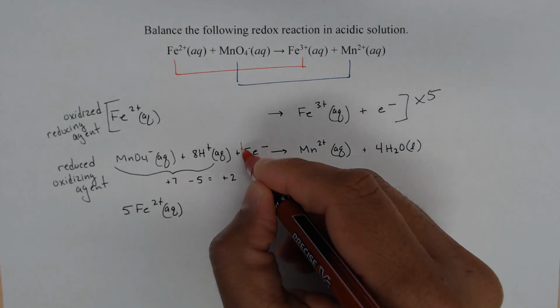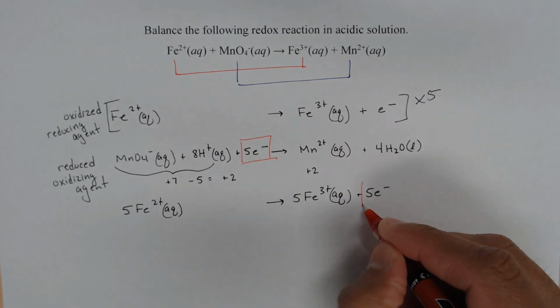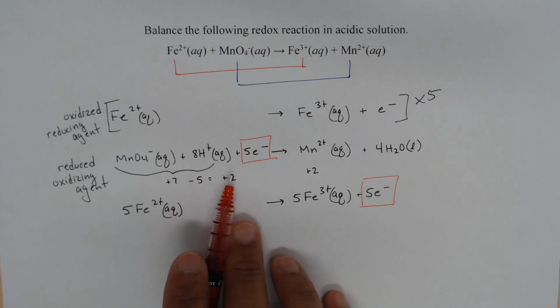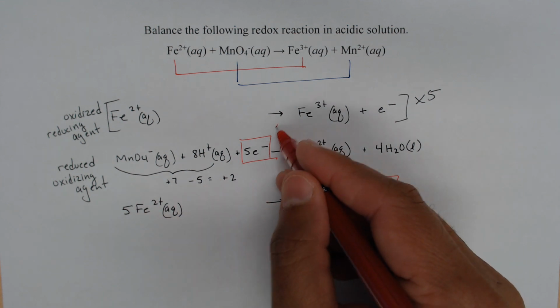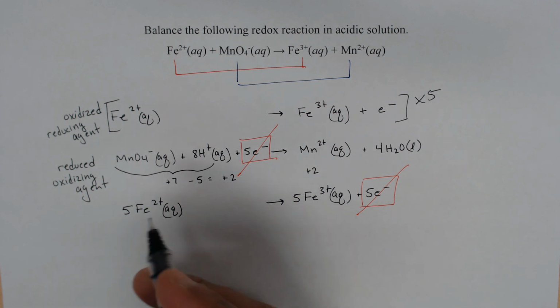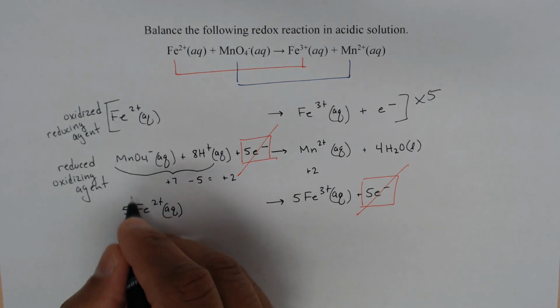And so right here you'll see that we have a balanced redox reaction. 5 moles of electrons are lost while 5 moles of electrons are gained. So we'll cancel out what appears on both sides. And that's it. Let's go ahead and put these together.